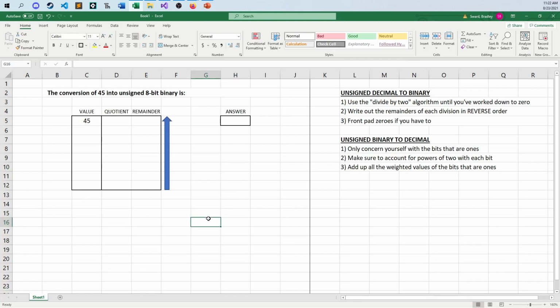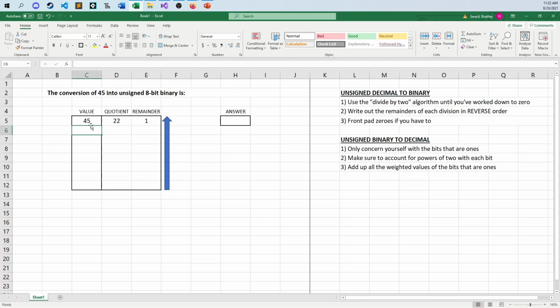So 45 divided by 2 is 22 and a half, or in this case 22 remainder 1. Multiply that by 2, I get 45.